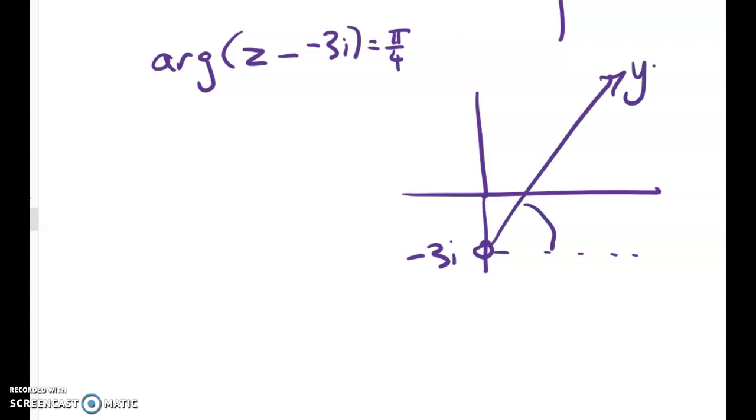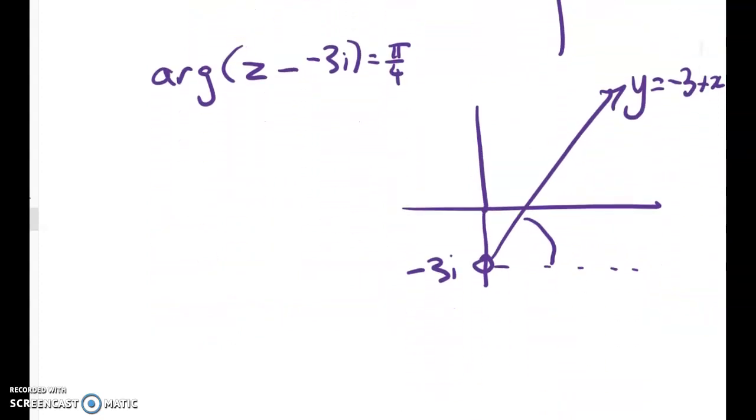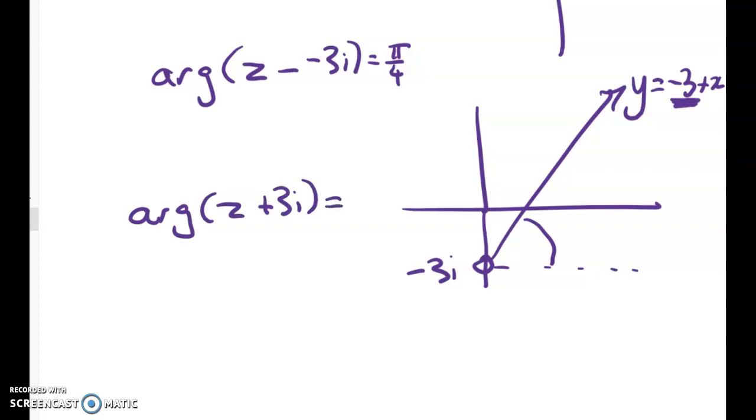So that means that the equation of that curve is going to be negative 3 plus x, right? Because I'm still working with a 45-degree line. So the equation up here is y equals x. The equation down here is just y equals x shifted down by 3. Let's look at why this works. What I've got is arg of z plus 3i is equal to pi on 4, right?